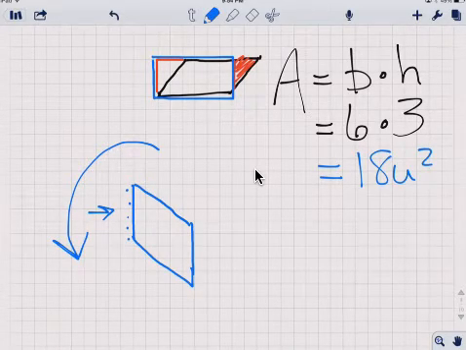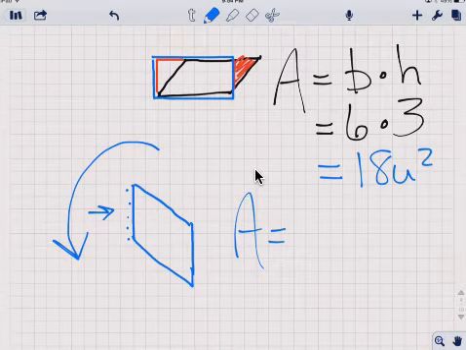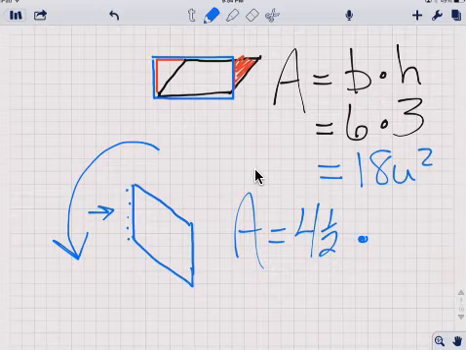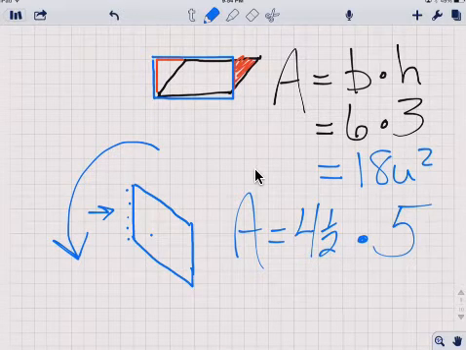Looks like 4.5. Area equals 4.5 for my base. And the height on this one would be 1, 2, 3, 4, 5 blocks. 4.5 by 5. Okay, so we would multiply this through. 5 times 4 is 20. 2 halves, that's 22. 22.5.